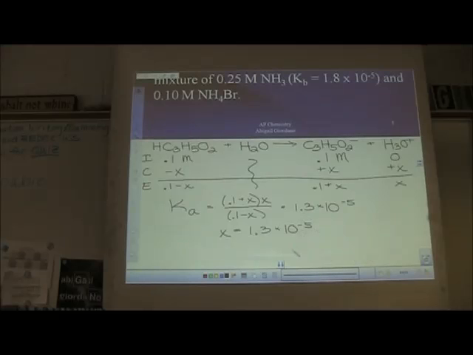Okay? How would I solve for pH at this point? What do I do? Negative log of this number? How do you know that doing that is going to give you the pH? Okay, because X is the hydronium concentration. Okay, negative log of this guy, we get this number.